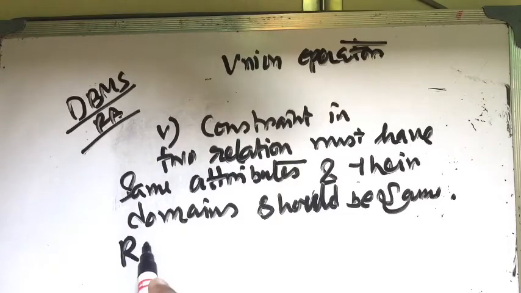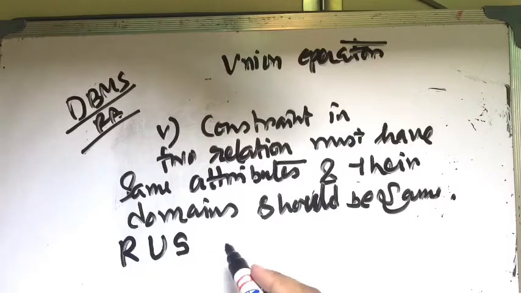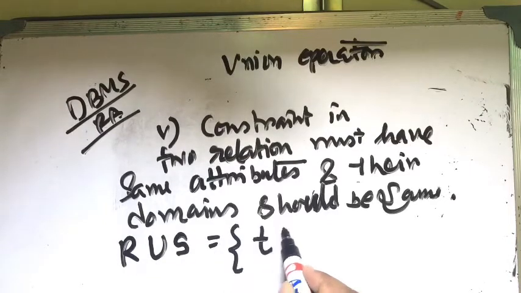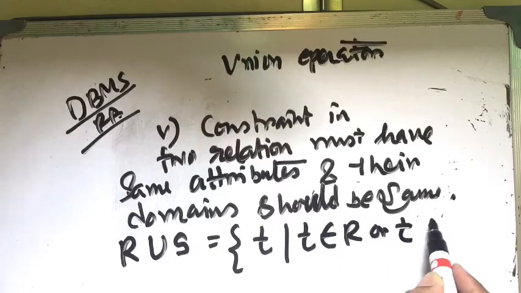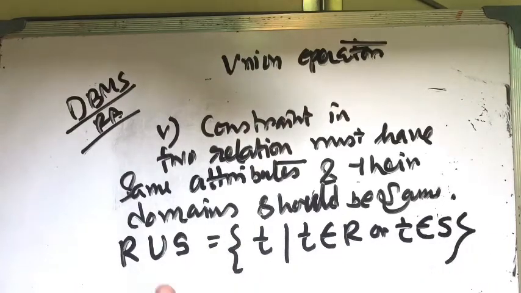Suppose R is a relation, union S is a relation, then it will display those tuples that belong either to R or to S, or both.